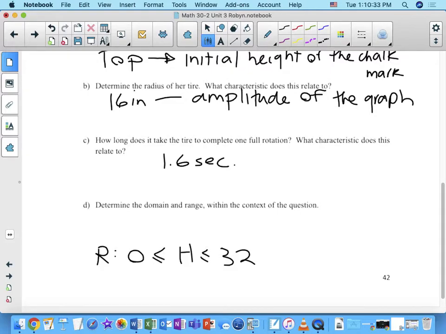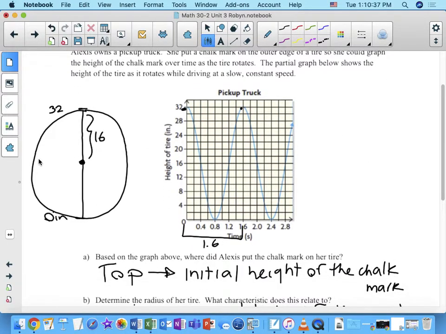Okay, let's look at the range. I mean, not the range. We just did the range. The domain. Okay, so again, x here, or not x, but the horizontal variable, I'm going to call it t for time, represents time. What is the start of this little experiment? 0. Okay, what happens at the end here? Right here.